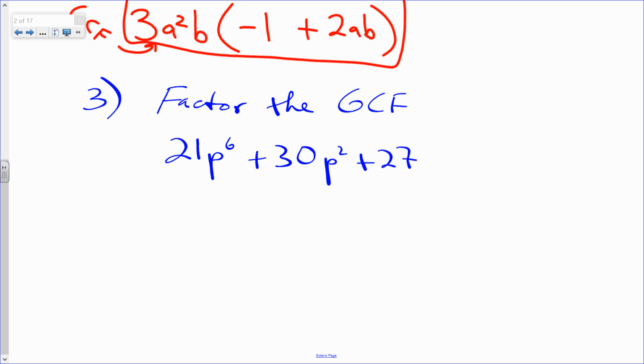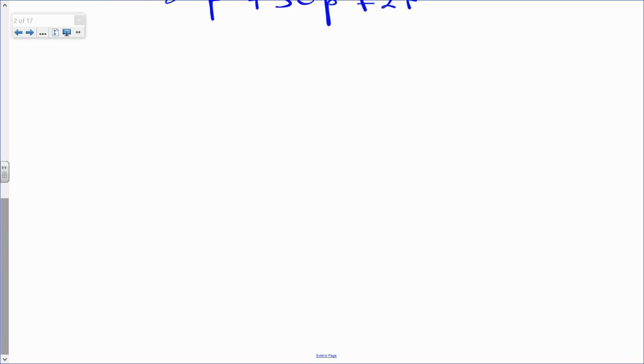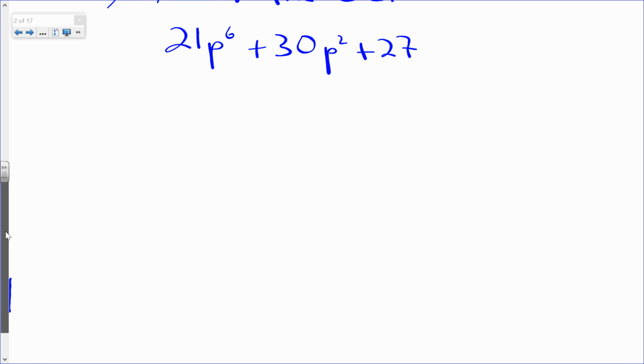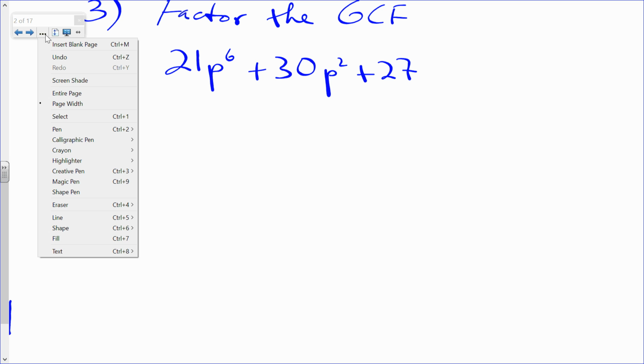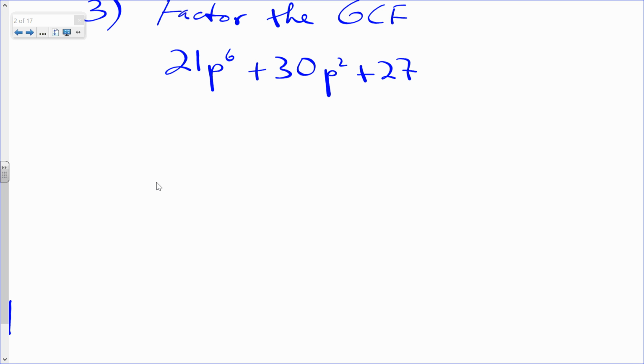Okay. So let me write out my common factors here. Let me break it down. 21 I can write as 7 times 3, times p to the 6th. That's this one.